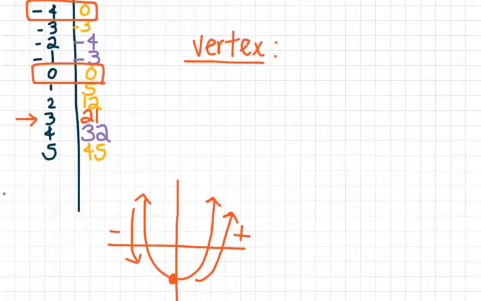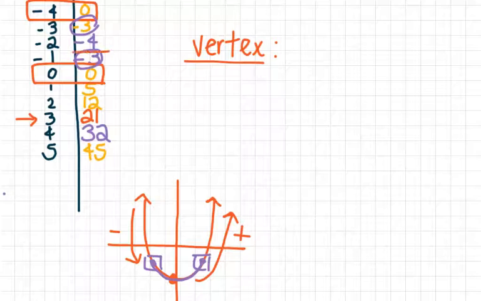So in looking again at my graph, I want to remind you that as I come down and then come back around and come back up, both of my y values are the same. So if I look at my table, I notice that I've got the same y value right here and right here. Therefore, my vertex is right here.